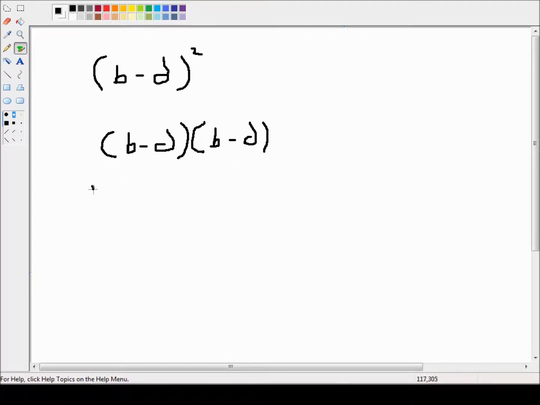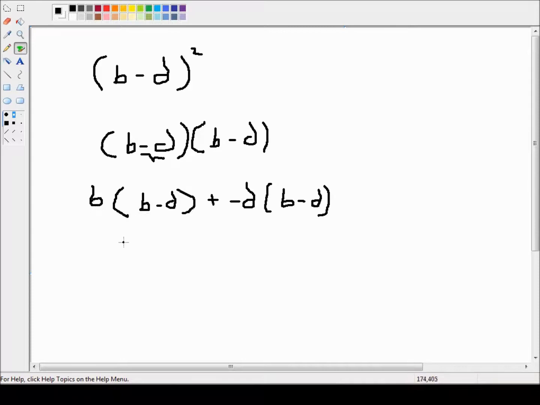So this is the same as b times b minus d plus, and this is a negative d here, so that's negative d into b minus d. So now we've got to multiply everything in the one brackets by the b, and then everything in the other brackets by the negative d, and add them together.